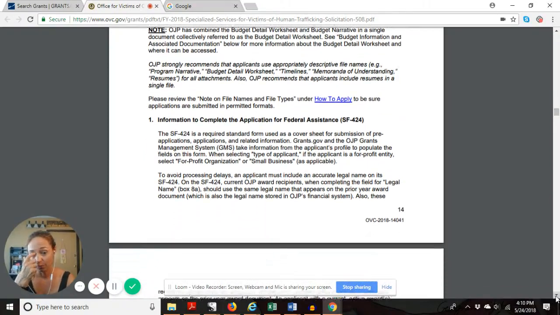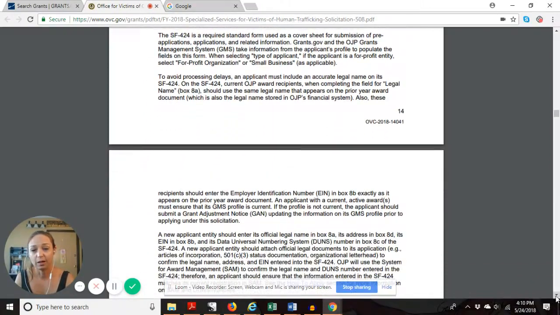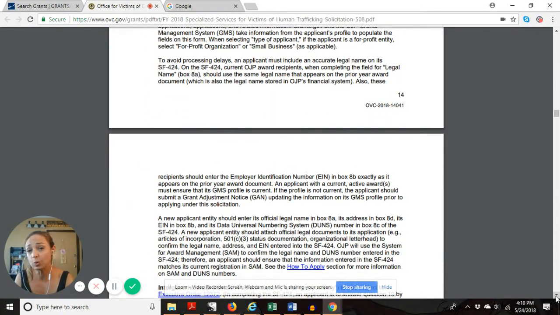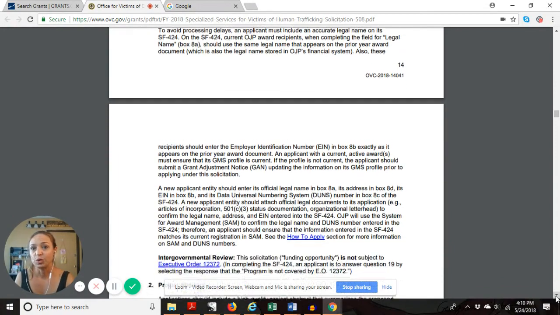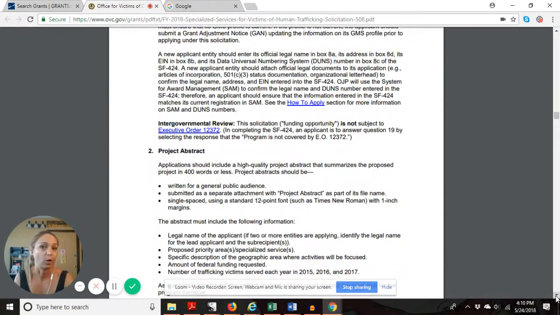So they have different forms that are required as well, and those will be on Workspace too. So when you go up for Workspace, you can just fill them out right there instead of downloading them separately and then uploading them to Workspace, or you can do them right on Workspace. So that's pretty cool.